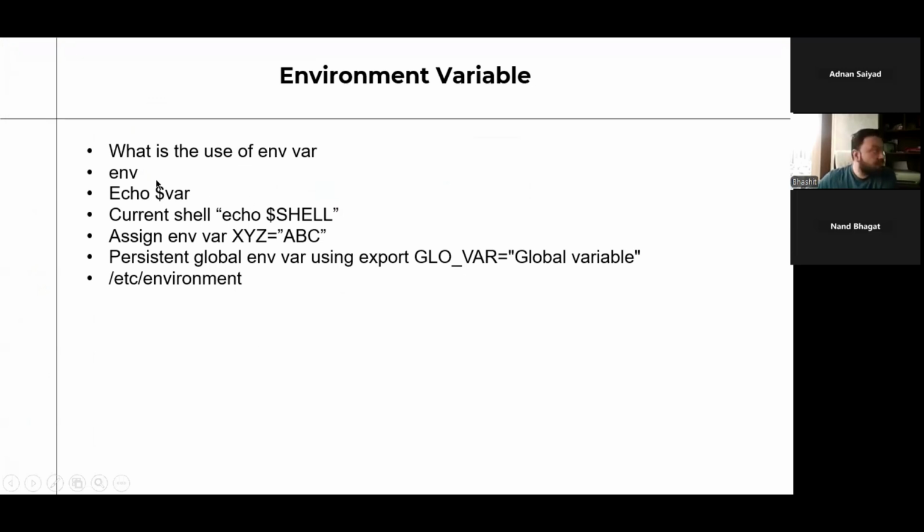In Linux, if you write env, you'll be able to see all the environment variables. And if you want to see a specific variable, you can echo that specific variable. It has different variables.